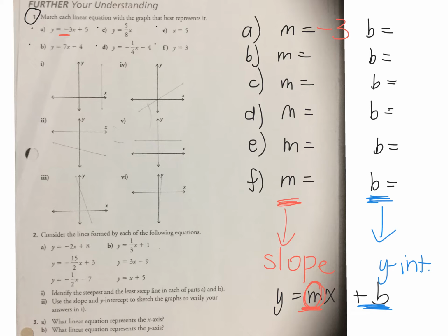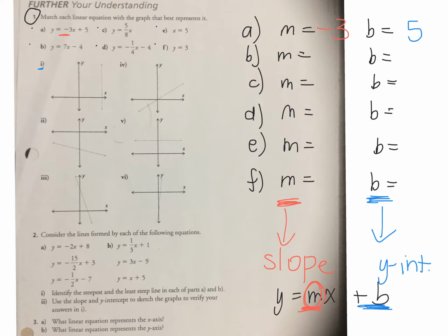What is the y-intercept of equation A? 5. Positive 5. So look here, please. We're going to figure out which graph would represent that. What that means is that the line has a y-intercept of 5. So let's look at number 1. Does this line intercept the y-axis at 5?